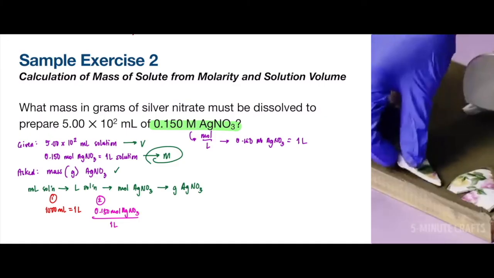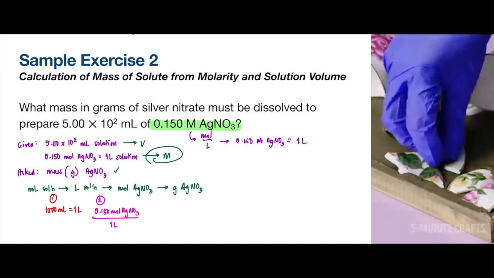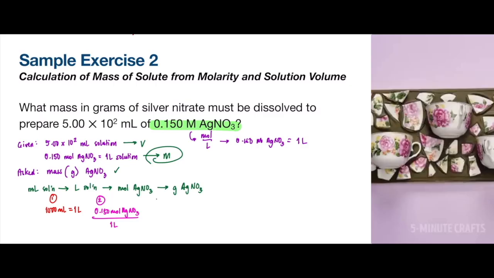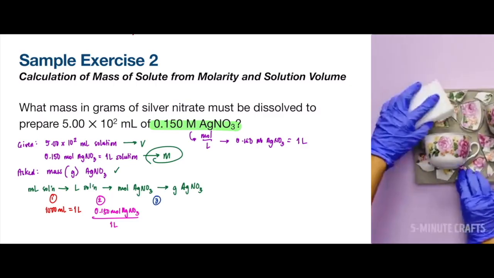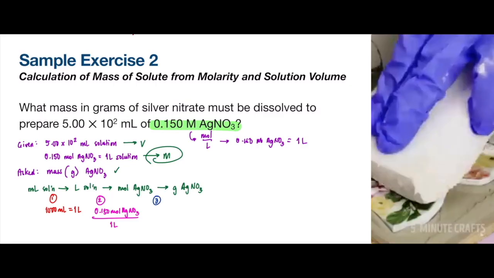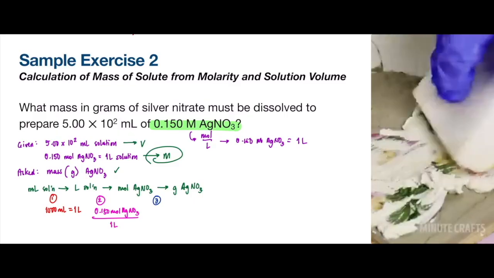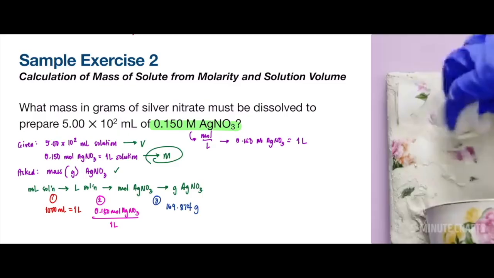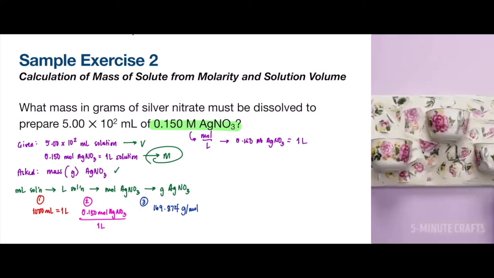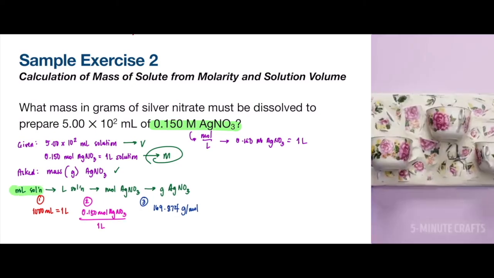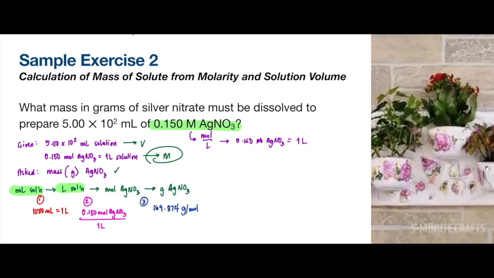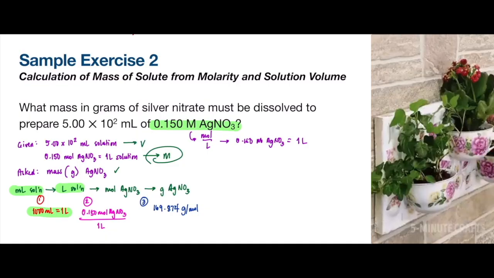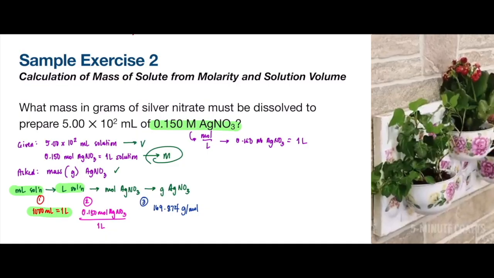And lastly, to convert moles of AgNO3 to grams of AgNO3, we will use the molar mass of silver nitrate, which is 169.874 grams per mole. Again, to convert from ml of solution to liters of solution, we will use this conversion factor, the 1000 ml per 1 liter.